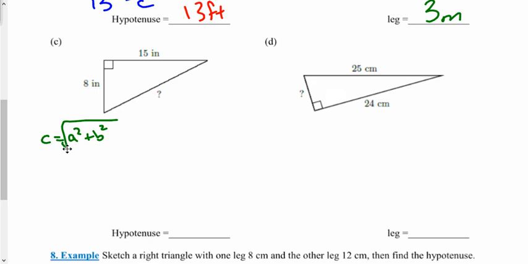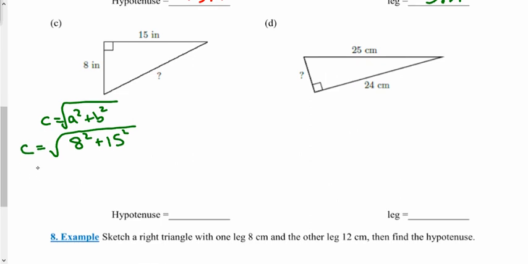You know, that's just solved for c. And then I'll have 8 squared plus 15 squared. Of course, you can use just that basic a squared plus b squared equals c squared. I'm just showing you that you can modify it a little bit to go directly to the c. If you want to, plug them in just like normal and then square root it at the end. It's totally fine.